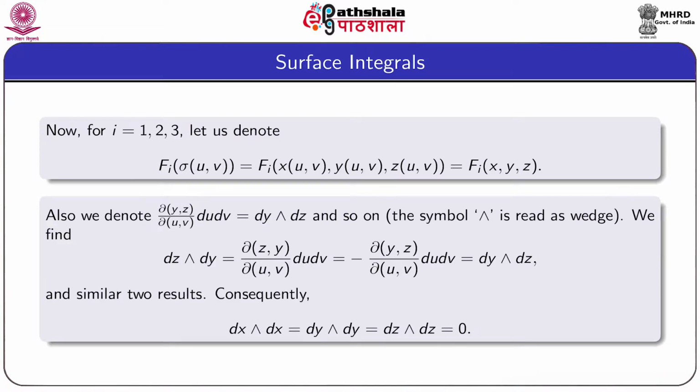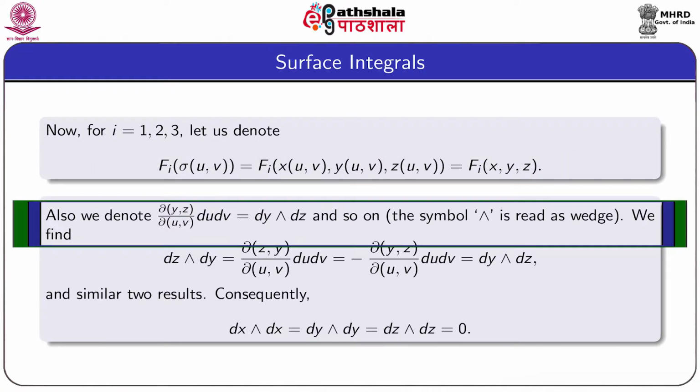Now, for i equal to 1, 2, 3, let us denote Fi(sigma(u,v)) equal to Fi(x(u,v), y(u,v), z(u,v)), that is Fi(x,y,z). Also, we denote the Jacobian del(y,z)/del(u,v) du dv as dy wedge dz and so on.